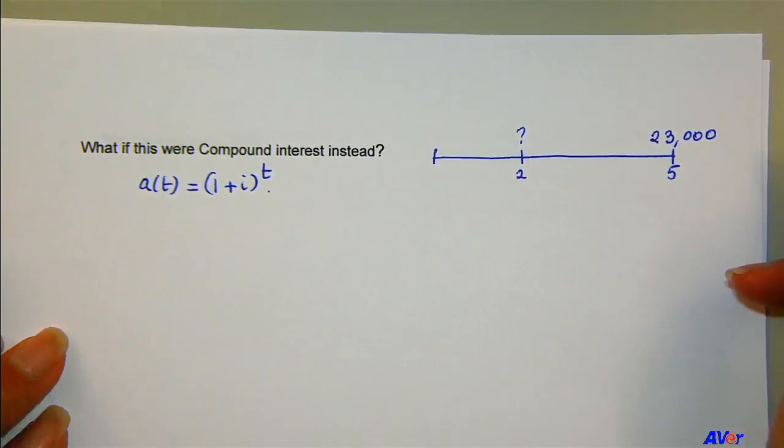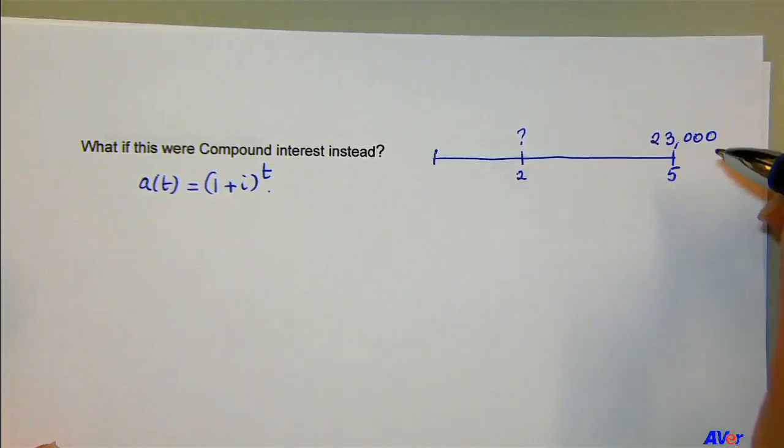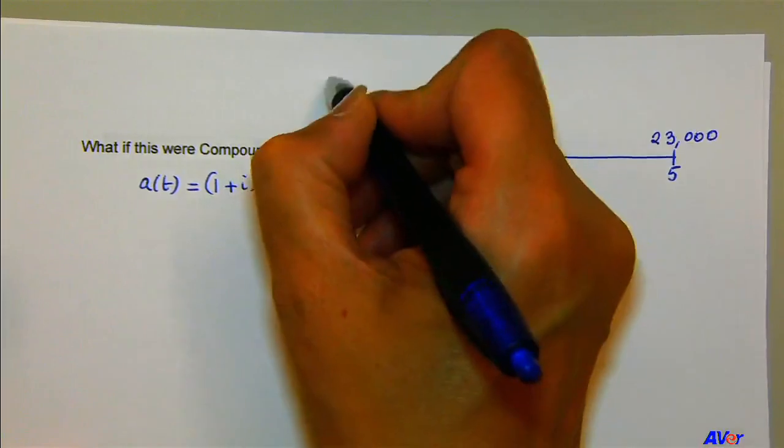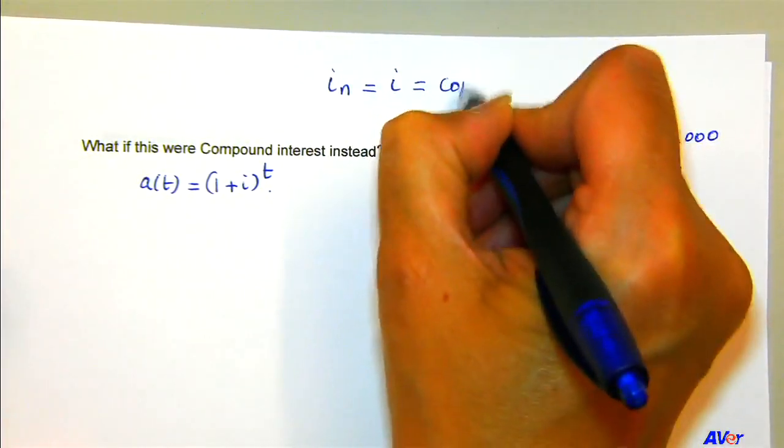For this scenario, you don't have to go back to time 0 and then forward to time 2. Why not? Because i is constant for compound interest.